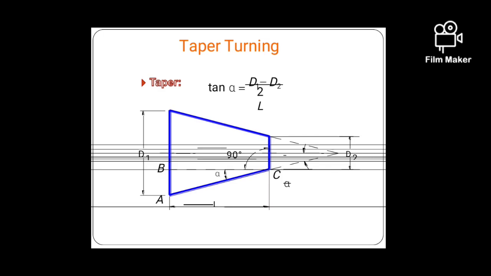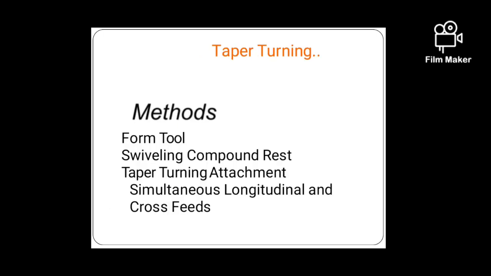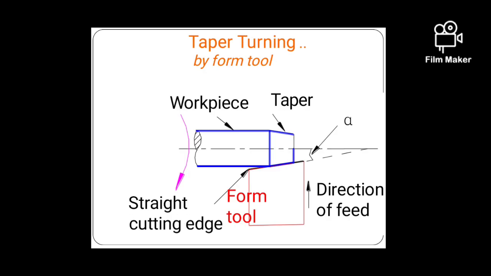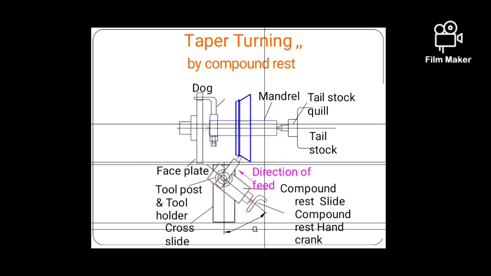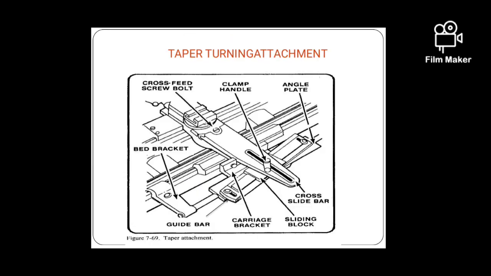In taper turning, the taper angle is given by (D2 minus D1) divided by 2. Taper turning is done using the swivelling compound rest or the taper turning attachment. These are the schematic diagrams of the taper turning attachment.